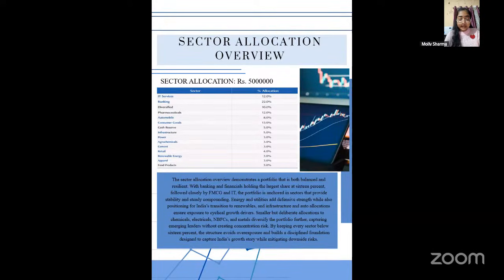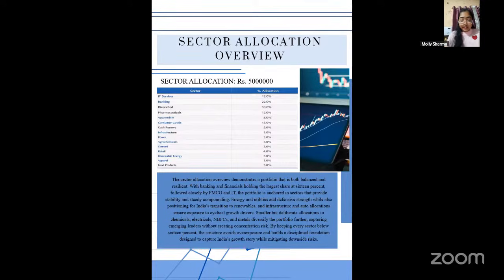Pharma and healthcare have got 8%. Then we have energy and utilities, where we have spent approximately 11%. Infra and materials, again 8%. Chemical materials have got 4%. Auto and mobility have got 9%. NBFCs have received 2%, along with electrical consumer durables and metal mining with 2% respectively.